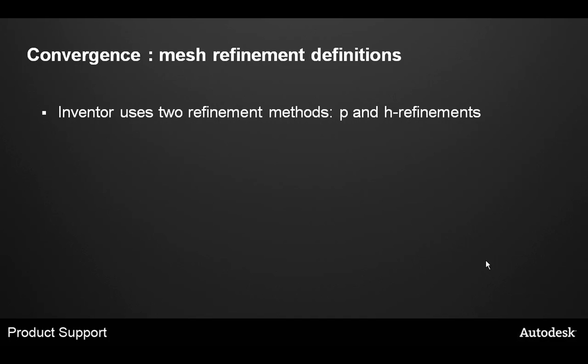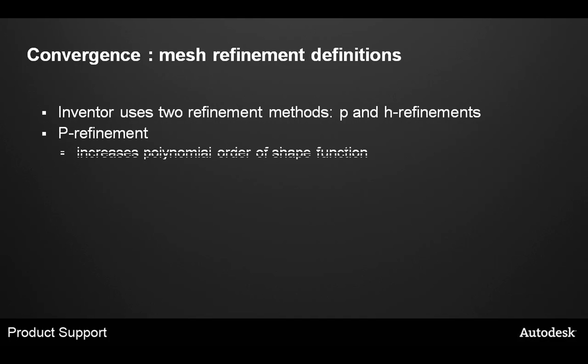Like I just said, there are two refinement methods, the P and the H refinement. The P refinement increases the polynomial order of the shape function that we use in our calculation. It does not change the mesh element size. That's another important thing to remember.